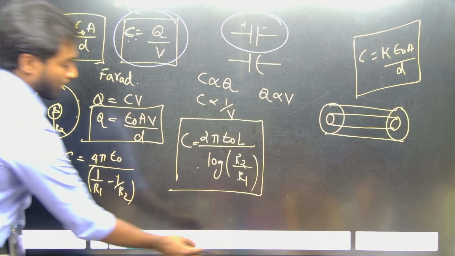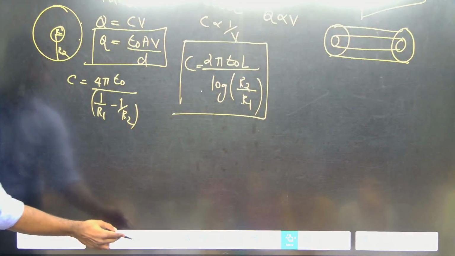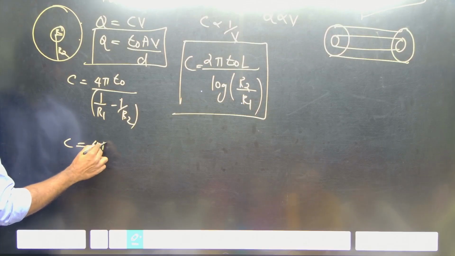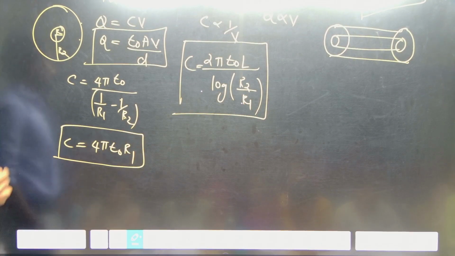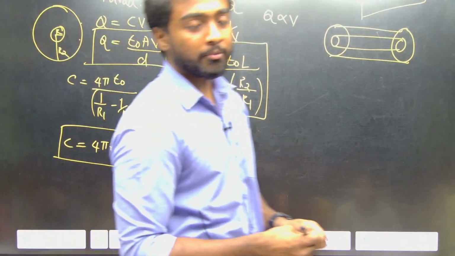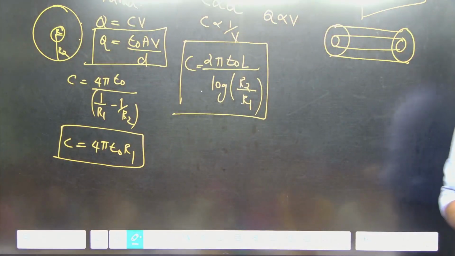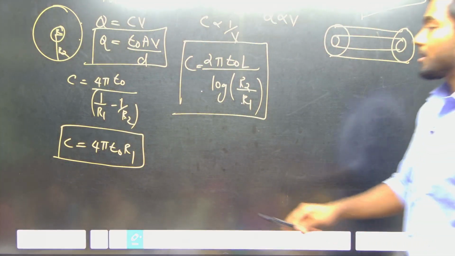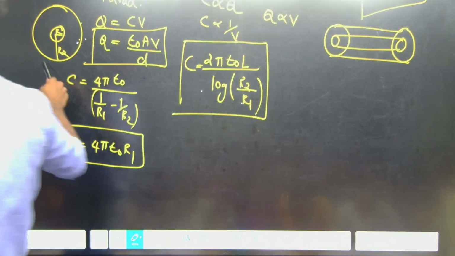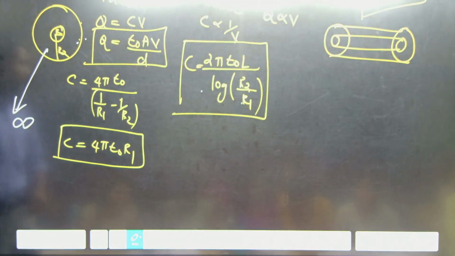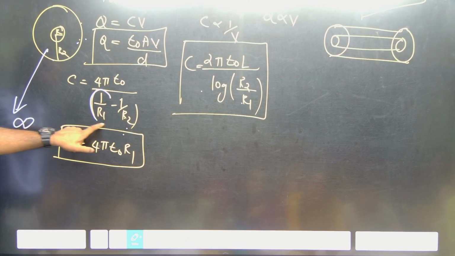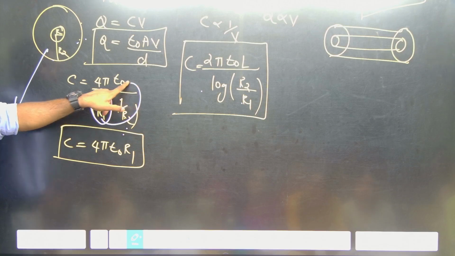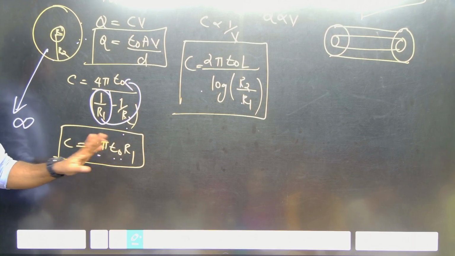So the remaining is 1 by R1. Taking R1 to the numerator, the formula becomes C is equals to 4 pi epsilon naught R1.